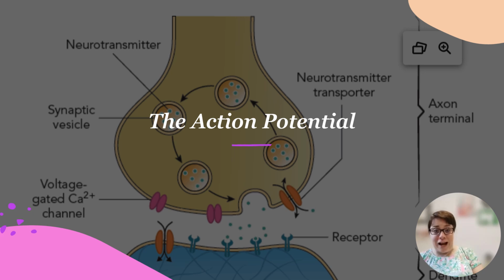If the receptor has an excitatory effect on the postsynaptic neuron, then the neuron is briefly depolarized and an action potential is triggered. If the receptor has an inhibitory effect on the postsynaptic neuron, on the other hand, then the neuron is hyperpolarized, making it less likely that an action potential will be triggered in the future.